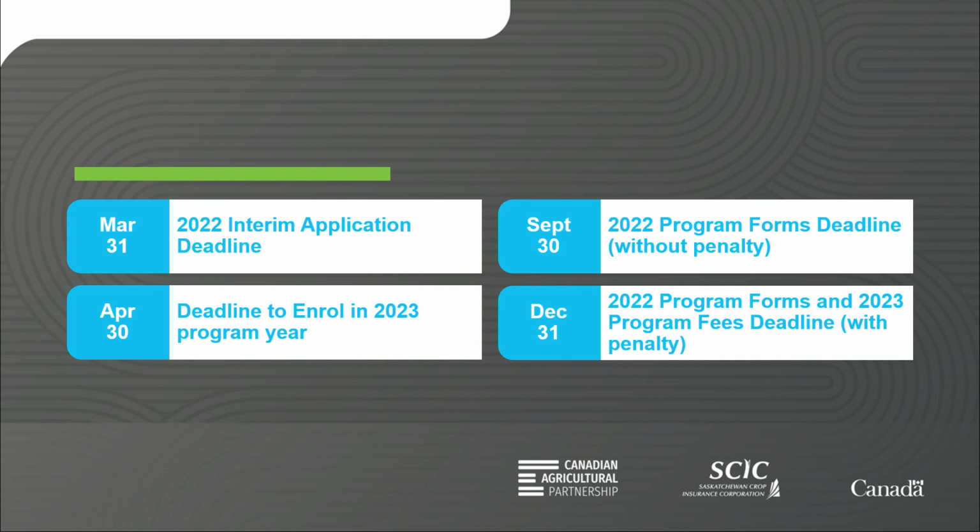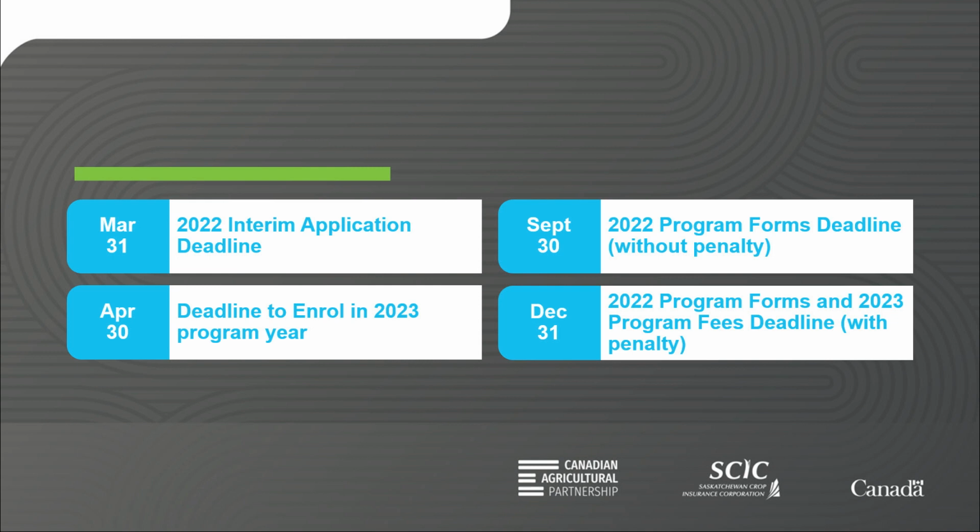September 30th is the deadline to submit your 2022 program forms without any kind of penalty. And December 31st is the final deadline to submit those program forms for the 2022 program year with a penalty if you're in a benefit situation.